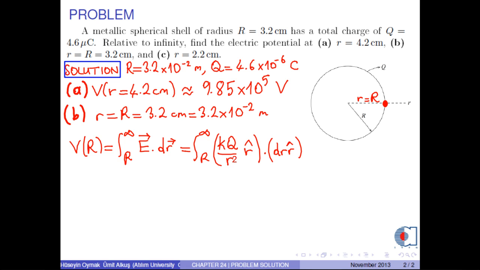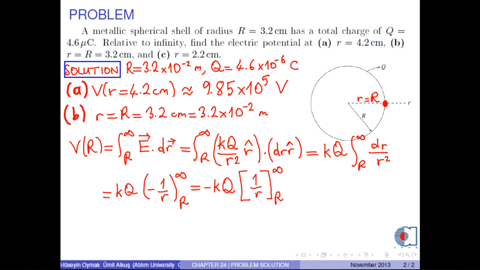As in part A, we have kq times the integral from r to infinity of dr over r squared. The integral of 1 over r squared is negative 1 over r. Thus we have negative k times q times 1 over r.